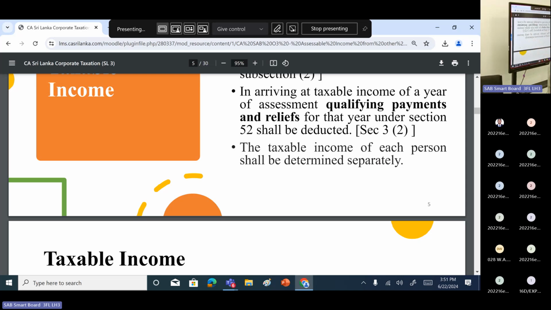And relief is some sort of concession, which too we can deduct. The taxable income of each person can be determined separately. As I told you when we discussed the assessable income, as well as taxable income, from each source we need to work out separately, and the taxable income for each person needs to be worked out separately.